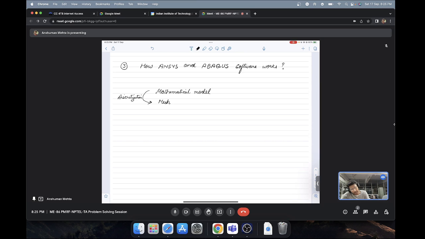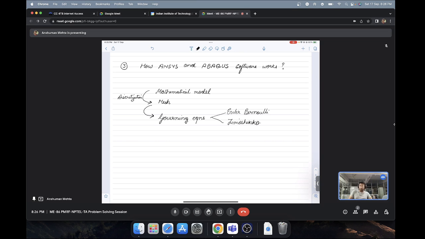Then we provide the governing equation. Now this governing equation can vary. How accurate we are depends on how complex it is. So for example, we have learned Euler-Bernoulli as well as Timoshenko, and we saw that the governing equations for Euler-Bernoulli and Timoshenko are different.